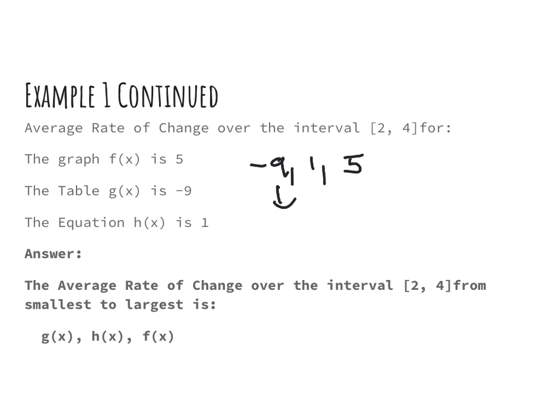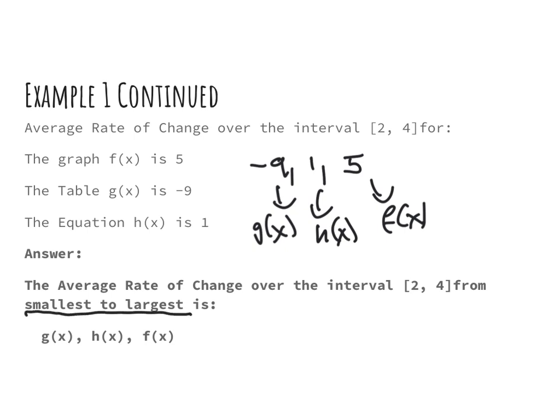Of course the negative 9 corresponds to g of x, the 1 corresponds to h of x, and the 5 corresponds to f of x. So our final answer, placing these average rates of change in order from smallest to largest, is g of x, h of x, and f of x. Okay, so that's it.